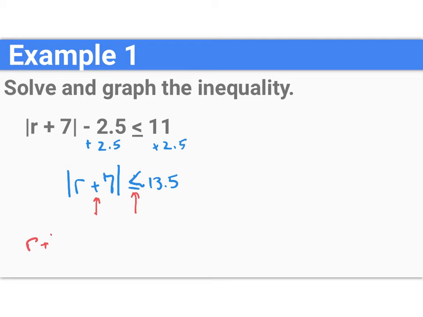So r plus 7 is greater than or equal to negative 13.5, and r plus 7 is less than or equal to 13.5. We have to deal with the negative possibility and the positive possibility. Our sign got switched around for the negative, so watch that.